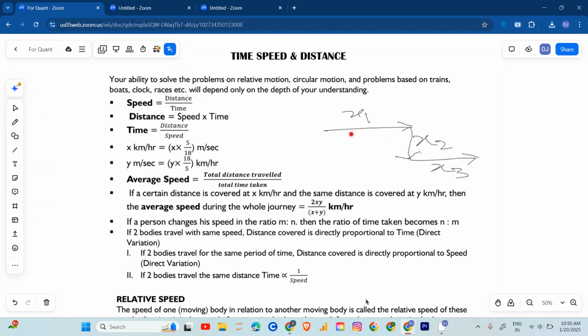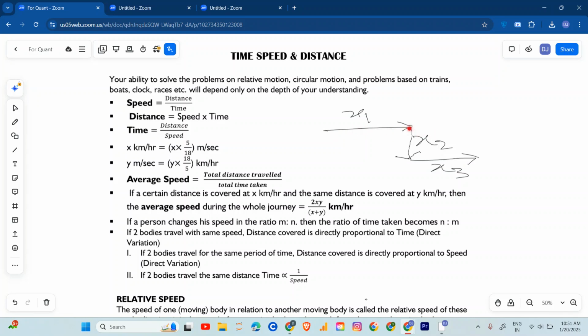Here the speed is constant. Here also the speed is constant. Here also the speed is constant, because we are dealing with constant speed. This relation is defined only for constant speed motion. When the car is going x1, its speed may be v1, but that is a constant speed.